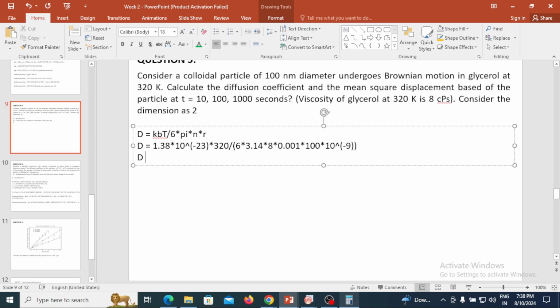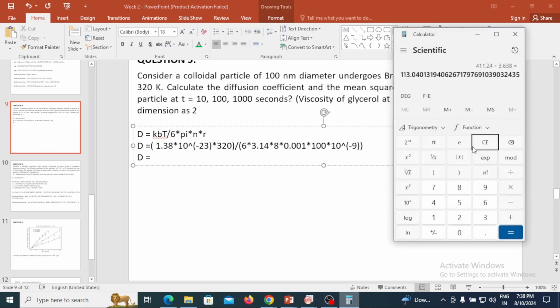So please calculate the D value along with me, so that if I make any mistakes, or if you are getting a different answer, then we can check it once again.